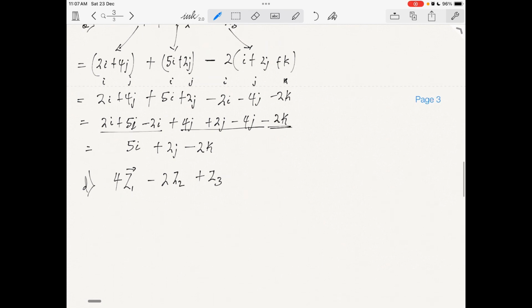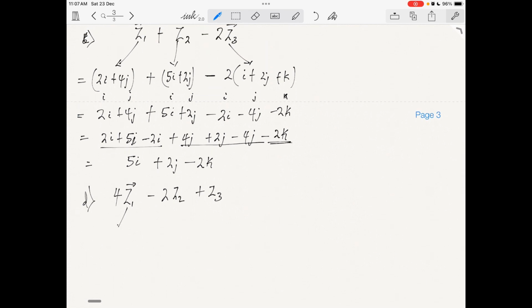As before, we substitute our values for z1, z2, and z3. Now z1 is 2i plus 4j, z2 is 5i plus 2j, z3 is i plus 2j plus k. And we know there's a 4 here, a minus 2 here, and a positive sign here.